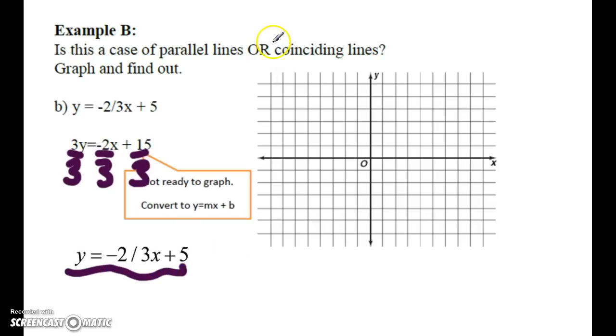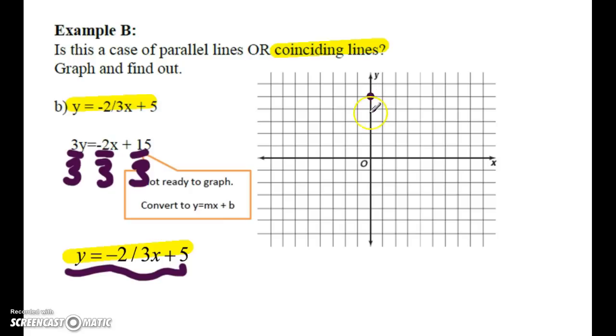So we're going to graph the line y equals -2/3 x plus 5. Now, some of you might be saying, well, hey, isn't that the exact same equation we have for the first line? It is. So at this point, we can actually say these are coinciding lines. But let's go ahead and graph it just for the practice of it. This line we're going to start at 5, so we're going to go up 5 on the y-axis and put our dot.